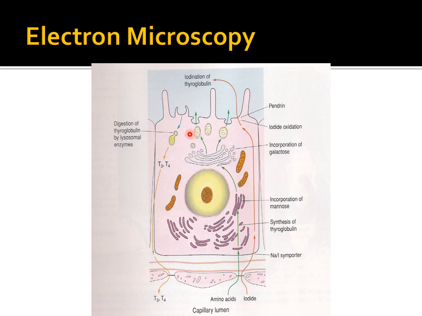Here the iodination of the tyrosine residues of thyroglobulin takes place, which results in the formation of monoiodotyrosine and diiodotyrosine residues. Because of this iodination and then oxidative coupling of the tyrosine residues, it leads to the formation of two thyroid hormones, T3, which is triiodothyronine, and T4, tetraiodothyronine.